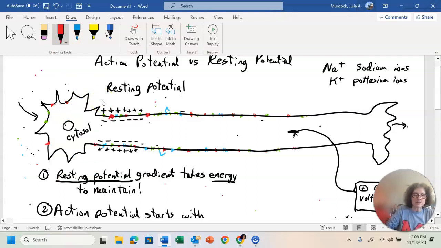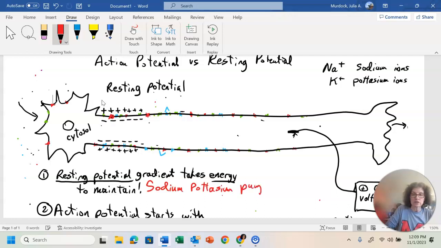And the red ones are sodium-potassium pumps. I'm going to draw them in red down here. Sodium-potassium pumps do exactly what they sound like they do. They pump sodium and potassium.